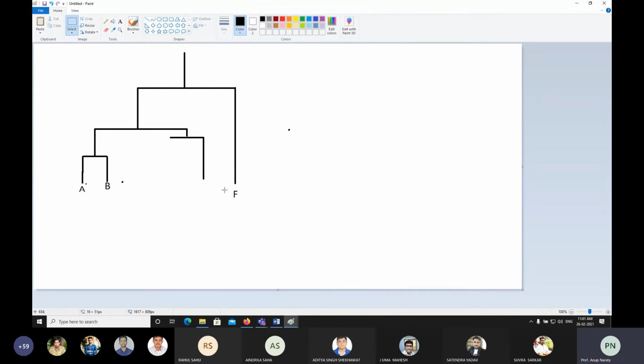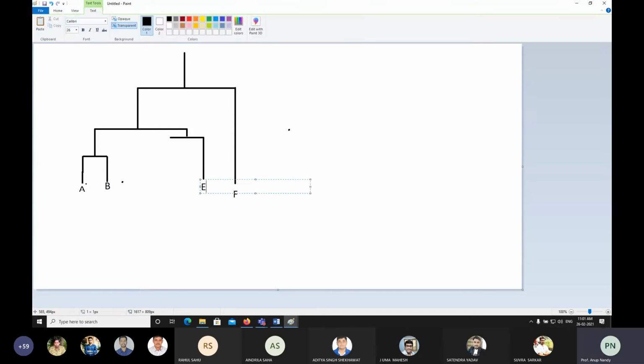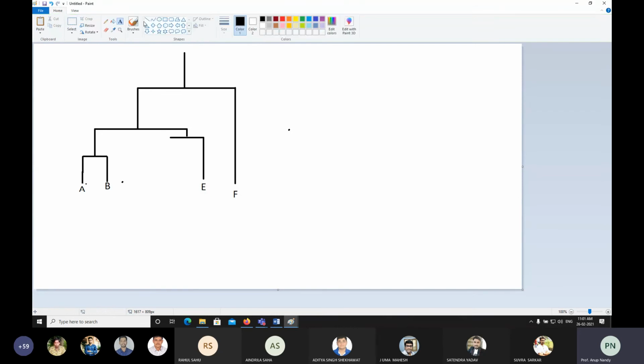So actually it is at the same level. Should be E. So A, B, E, F will be the same level. Now next, what are we going to do?